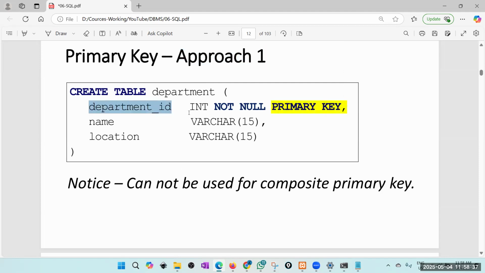In your field, after giving your data type, you say not null and primary key, because by default, primary keys must be not null. Right? You must not allow null values for primary key. So therefore, make sure every time you create primary key, it's a not null field, and then it's a primary key. Okay. So this is the first way.